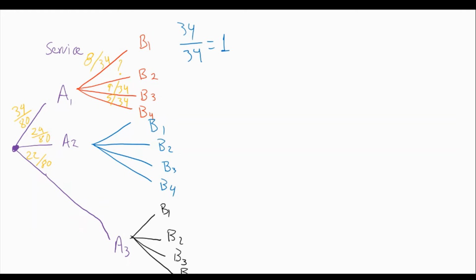Yes? To get that number here, you can do 1 minus the rest of the branches. 8 34 plus 9 34s plus 5 divided by 34. And therefore you will get the one that is missing.